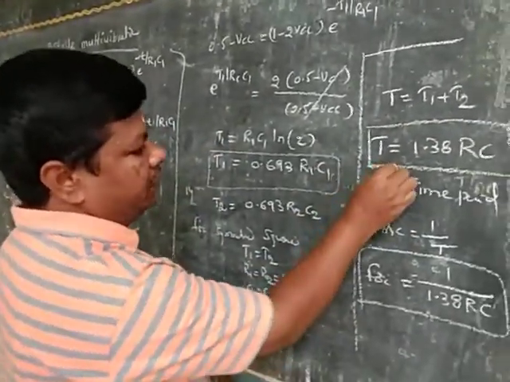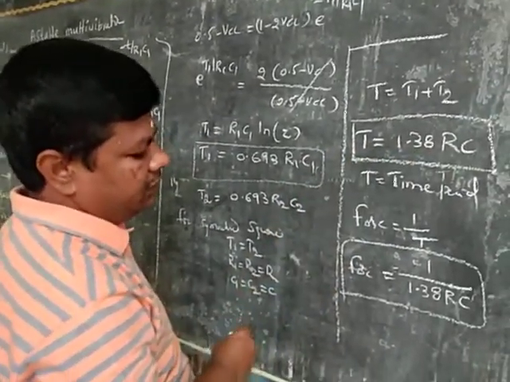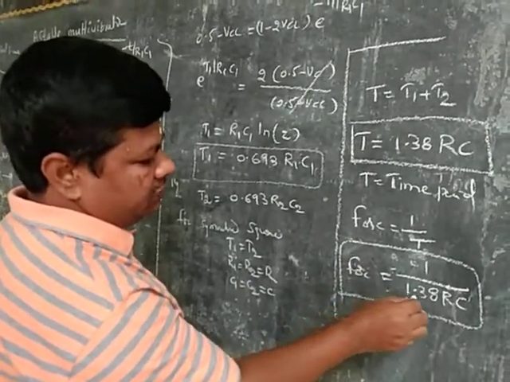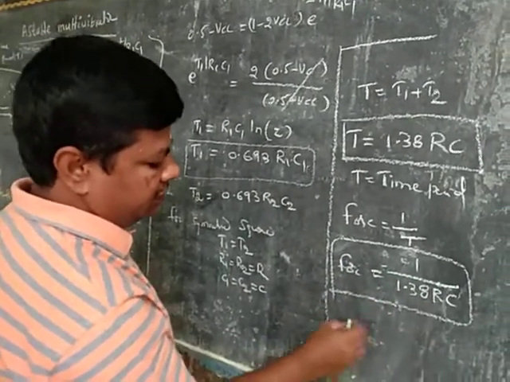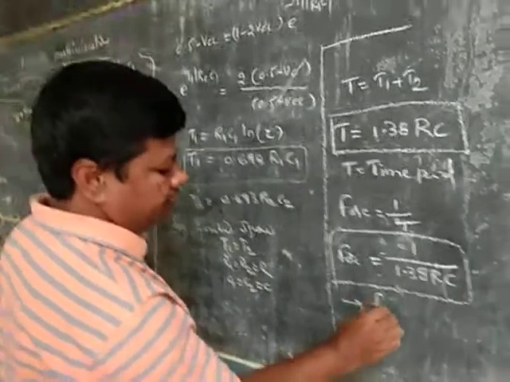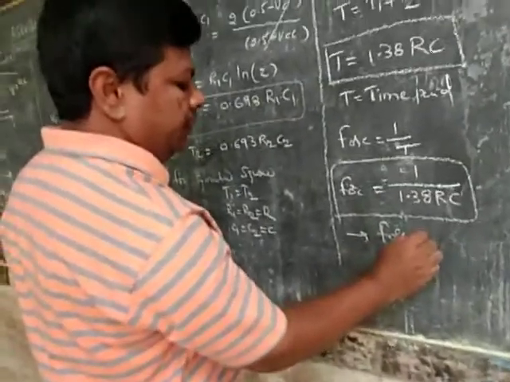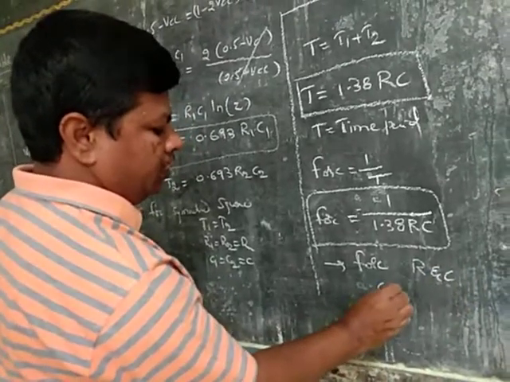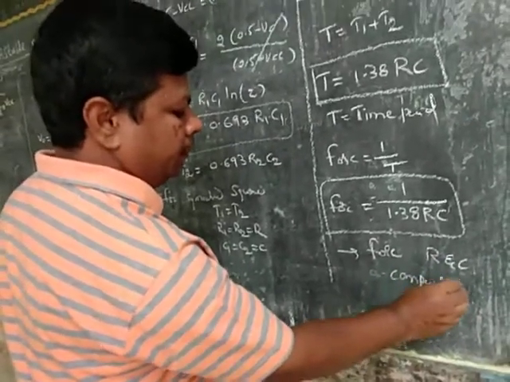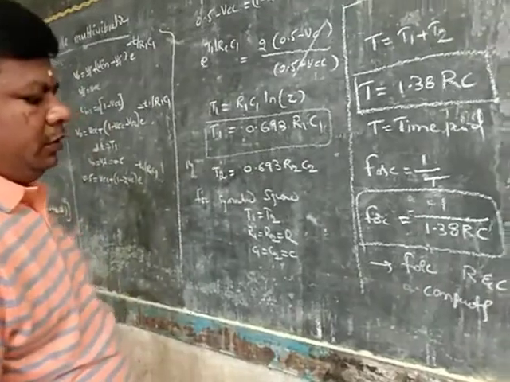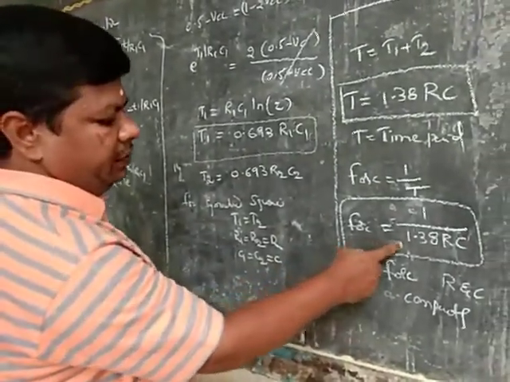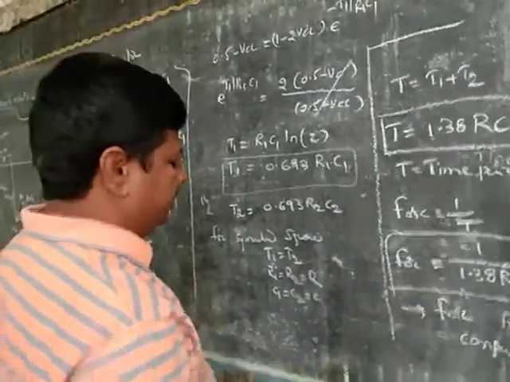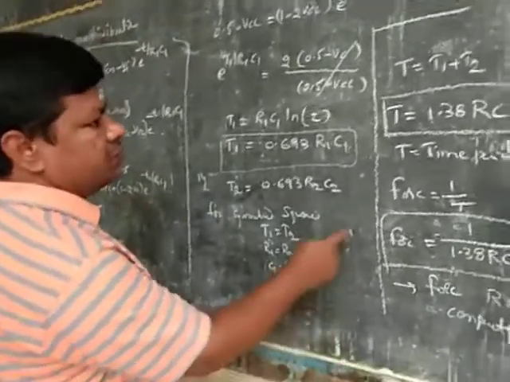For a symmetrical square wave, the time period T is equal to 1.38 RC, and the frequency of oscillation is equal to 1 by 1.38 RC. That means the frequency of oscillation mainly depends on R and C components only. Frequency of oscillation mainly depends upon resistor and capacitor values only. This is for a symmetrical square wave.